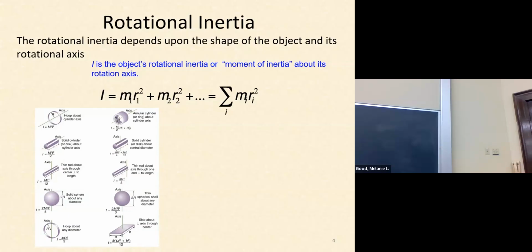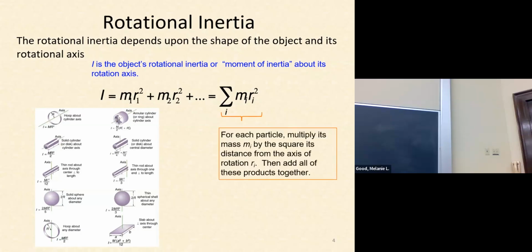Maybe your problem will say a hoop of 3 inches radius and a mass of, I don't know, 0.6 kilograms or something. Then you would plug those into that formula and you would have your moment of inertia. So those are some examples of regularly shaped objects.